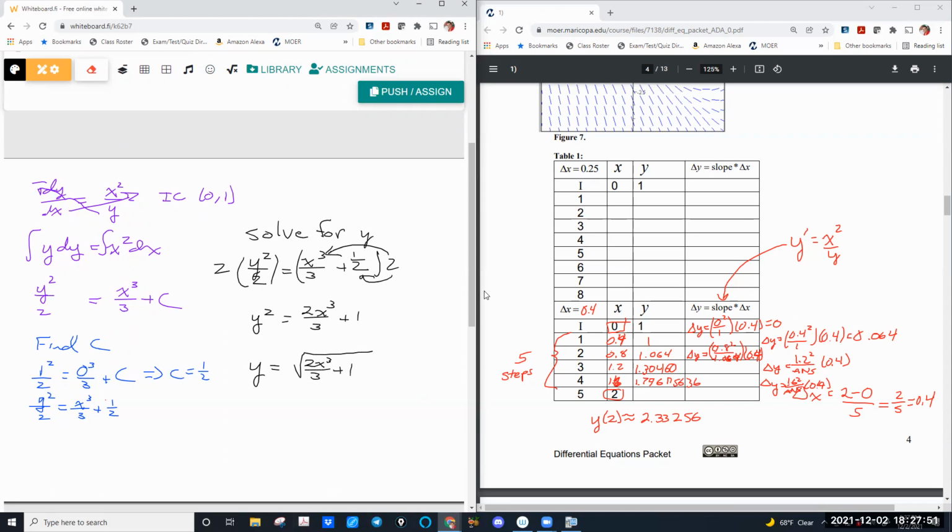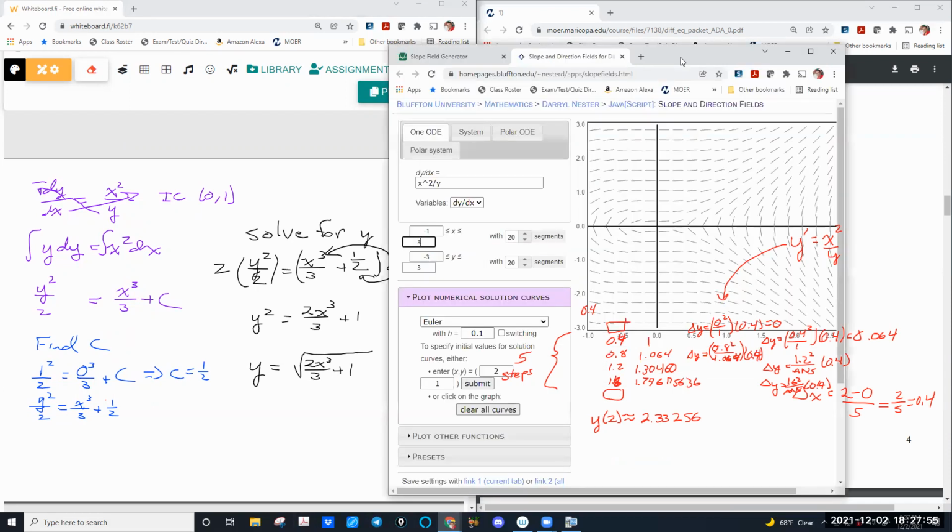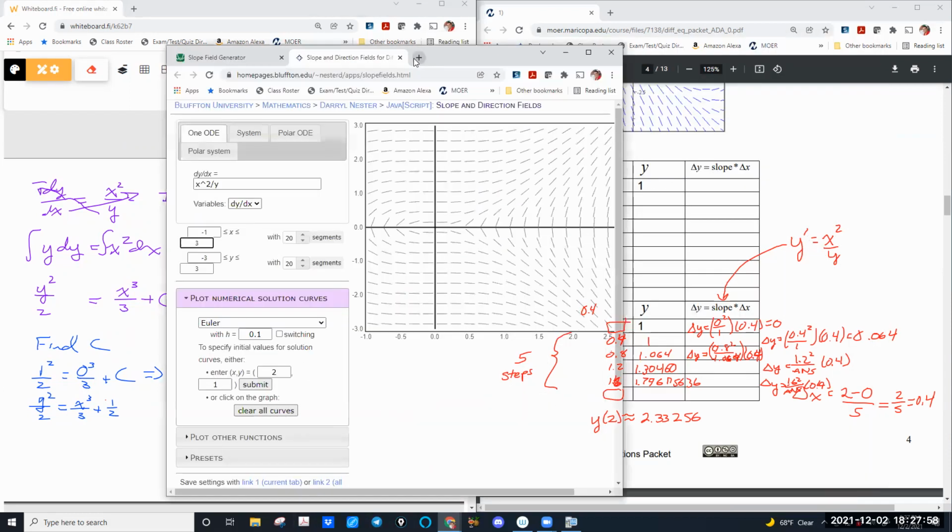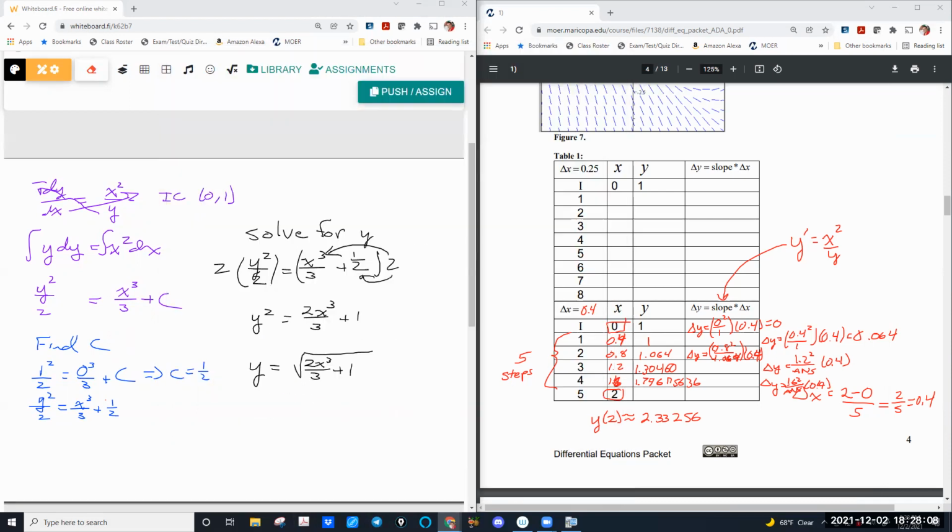Now, I want to show you something interesting, and it's something we do not want to forget. Here's our slope field. Sorry, everything's so messy. Notice that there's slope field above the x-axis as well as below. Well, this solution only gives positive y values.